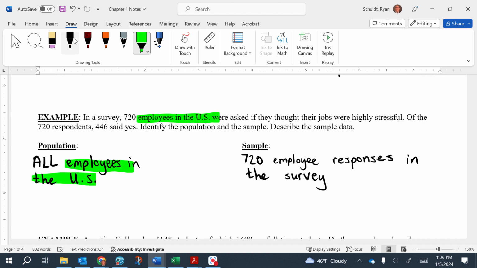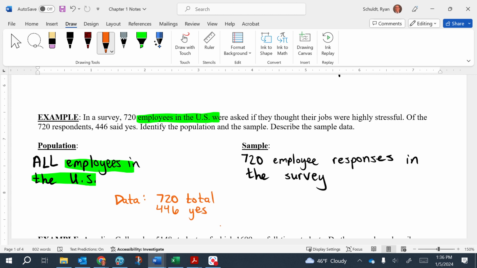Okay. Now we're not done though. They ask us to describe the sample data. Well, let's take a look at the data now. What do we know? We know there are 720 total. What else did they tell us about this data? 446 said yes, their job was highly stressful.